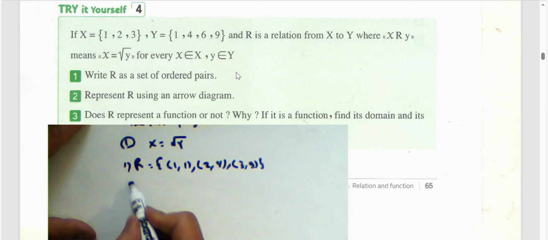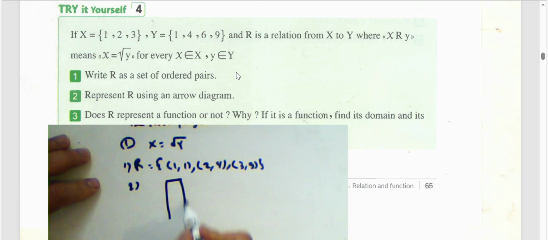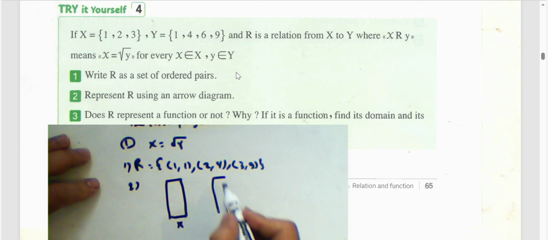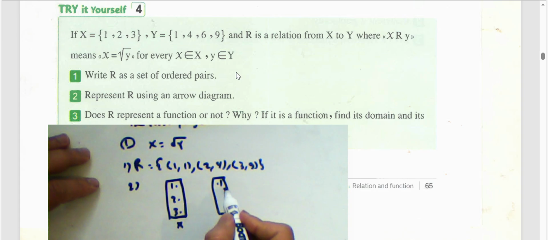Number 2, we want to represent it using an arrow diagram. We can draw X and Y. The elements of X are 1, 2, 3 and Y are 1, 4, 6 and 9. 1 goes to 1, 2 to 4, 3 to 9.